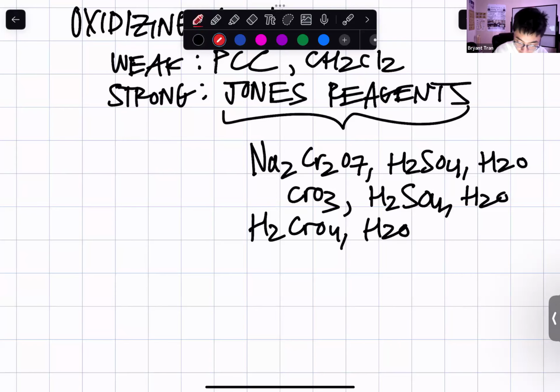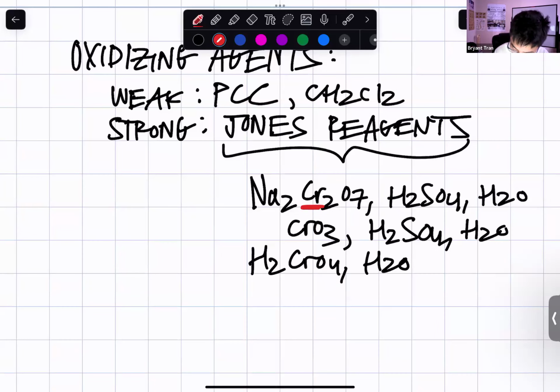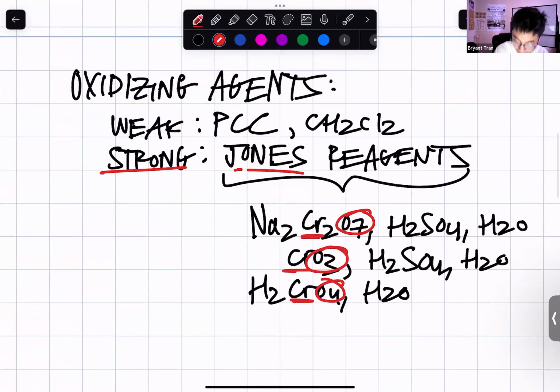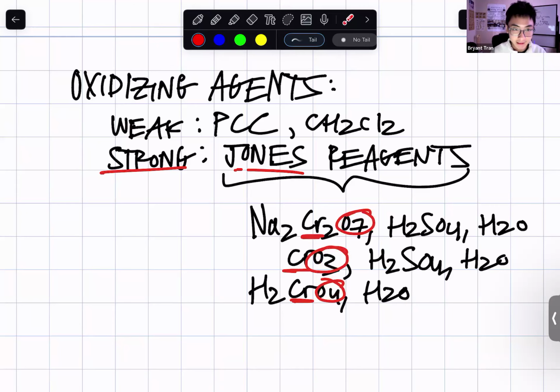But the most important indicator is if you see chromium and a lot of oxygens. That is a big indicator of a strong oxidizing agent, because oxidizing agents are going to add oxygens to a molecule. So when you see chromium and a lot of oxygens, that's a big indicator of a strong oxidizing agent.